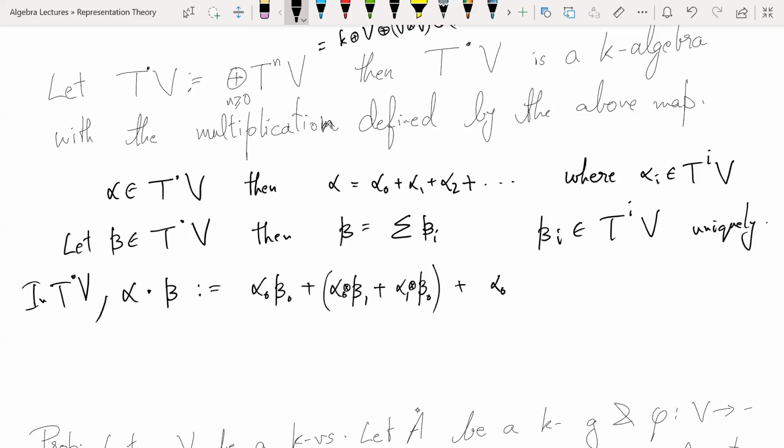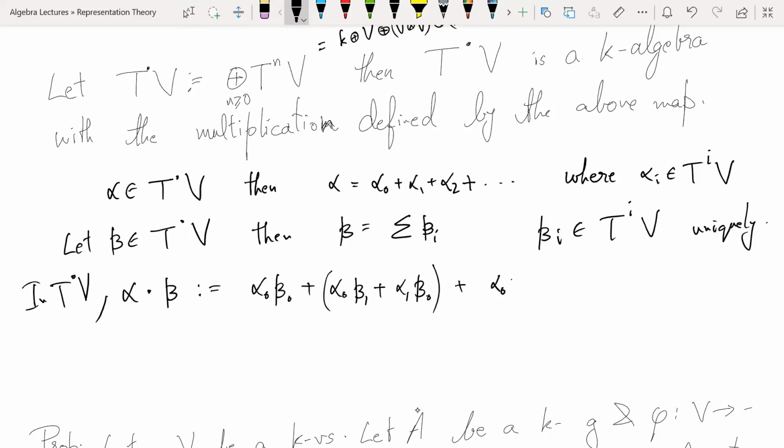So alpha 0 and beta 0 are in the field, so you can always change places. Maybe here I won't put tensor; this is just scalar multiplication. With the convention that on which side we multiply doesn't matter.